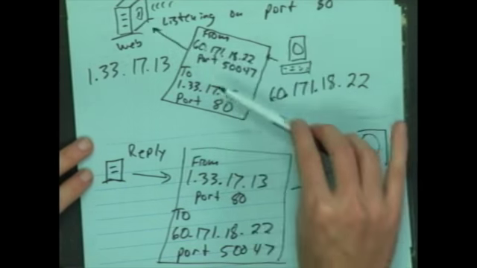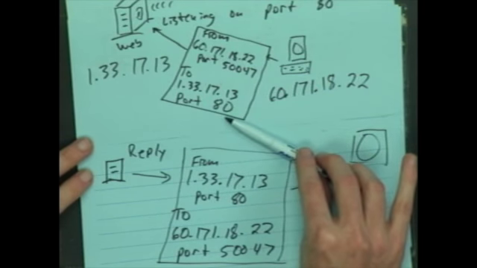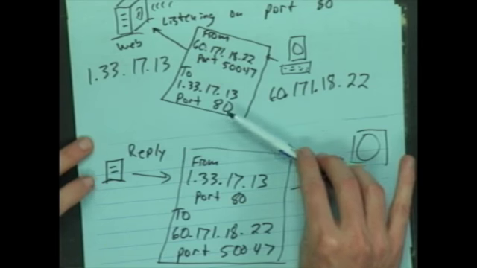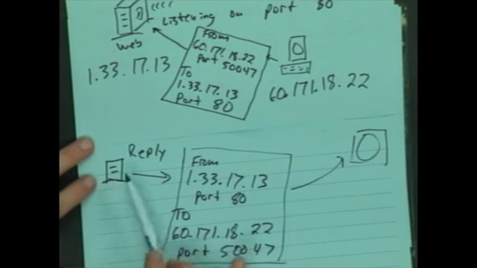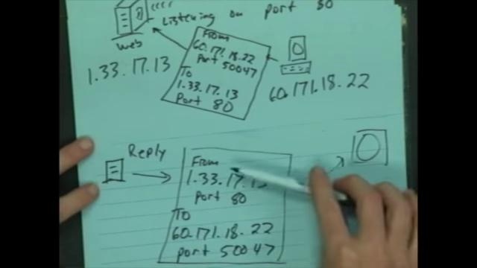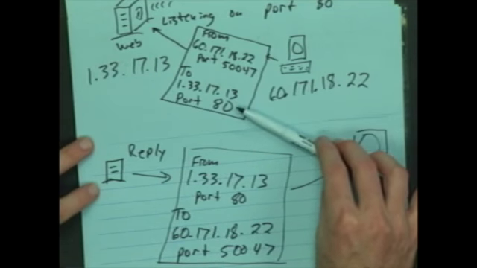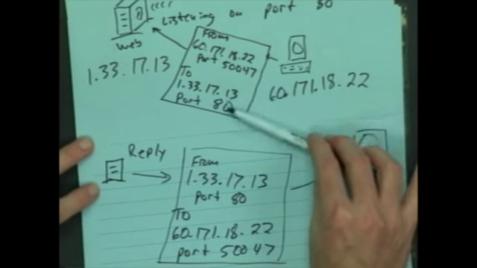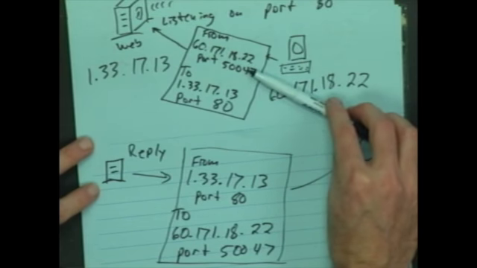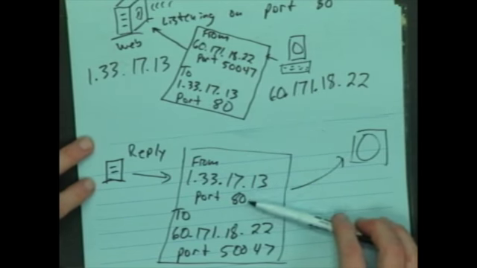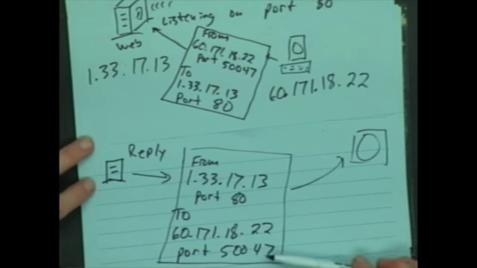It sends it to the web server on port 80, because that's by default what a web server listens on. When the web server gets the request and sends the response back, it uses the same two ports, since this is a connection now, but it reverses them. Now the source port is 80 and the destination port is 50047.